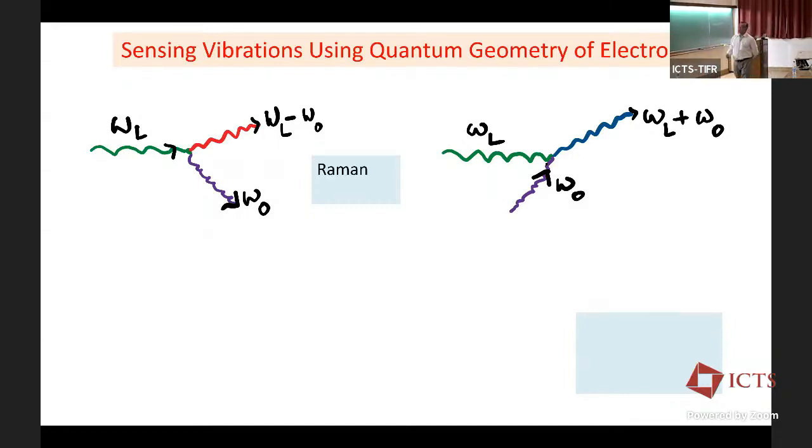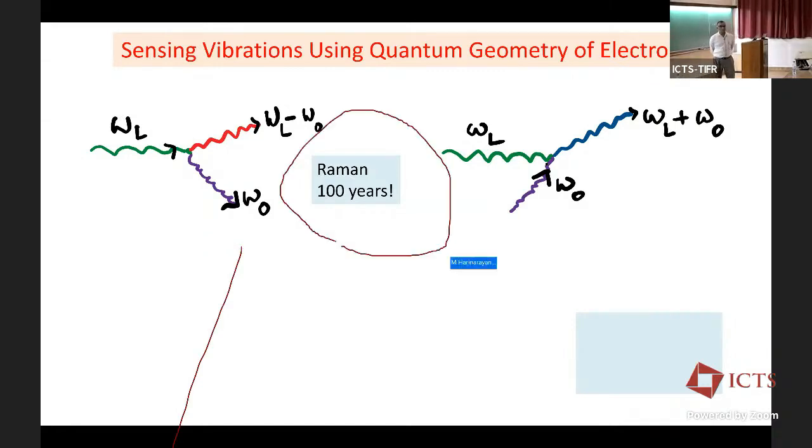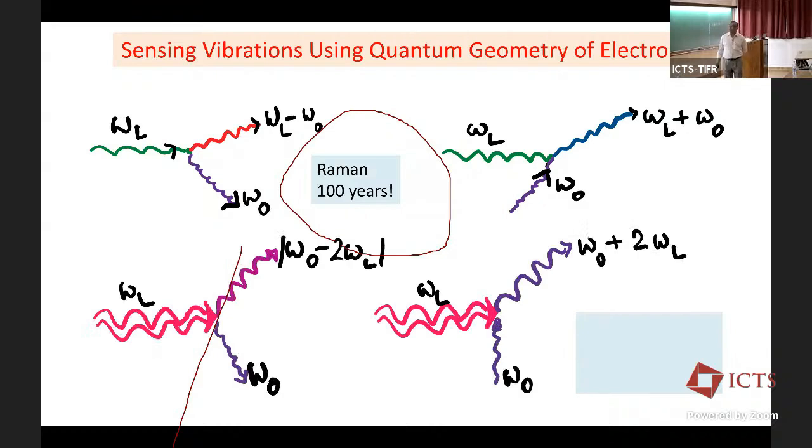And Raman, as you know, has been around for 100 years, and it's so omnipresent and powerful, it's used from biomolecular systems to simple and advanced materials everywhere. In this work, we look at a rather different type of mechanism, which can also lead to similar spectroscopy.